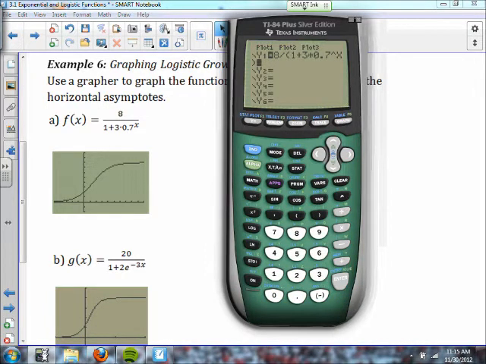So there's the equation you want to put in your calculator. The window that I would use: negative 10 to 20, and negative 2 to 10. Okay, that's the window that I would use.